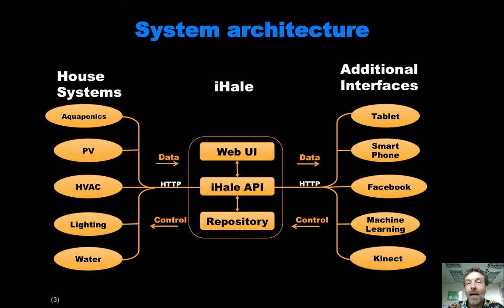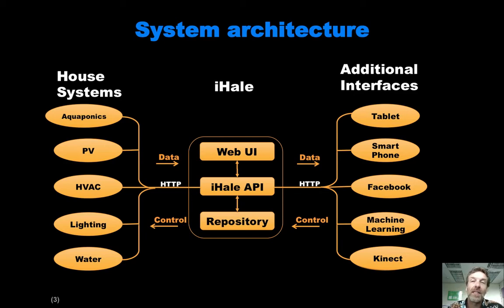So we might want to have tablet interfaces like the Samsung Galaxy tablet, smartphones, posting to Facebook about the house. For example, we might want to have a Facebook account which is the house itself, as opposed to the team developing the house. And so iHale could post messages to the Facebook wall from the house itself about what it's doing.